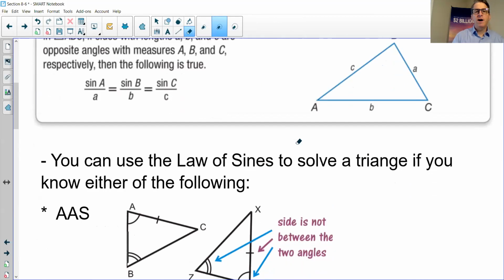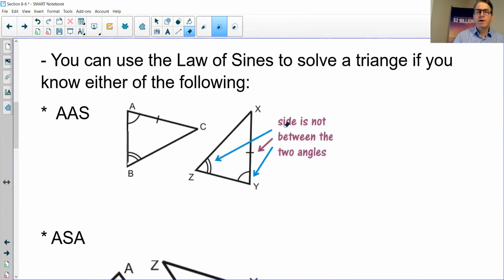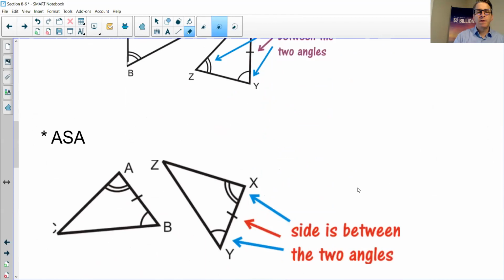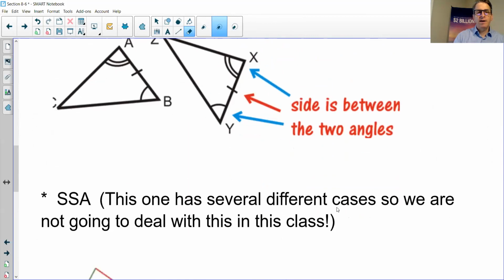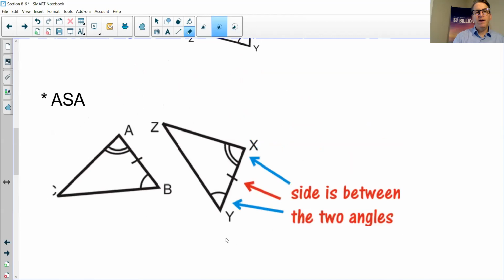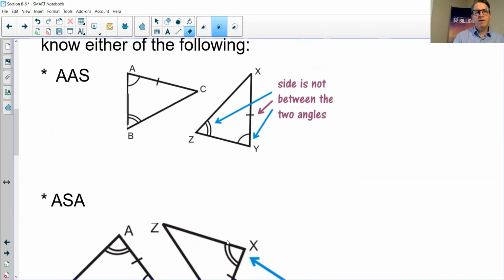You can use the law of sines to solve a triangle if you know either of the following. Angle, angle, side, where the side is not between the two angles. Angle, side, angle, where the side is between the two angles. Side, side, angle. The two that we're going to focus on will be angle, side, angle, and angle, angle, side.